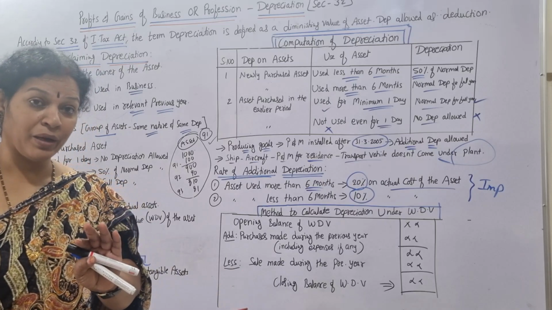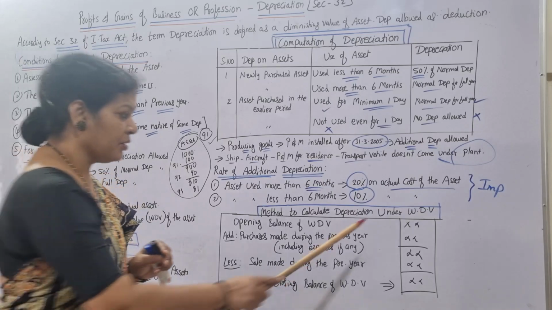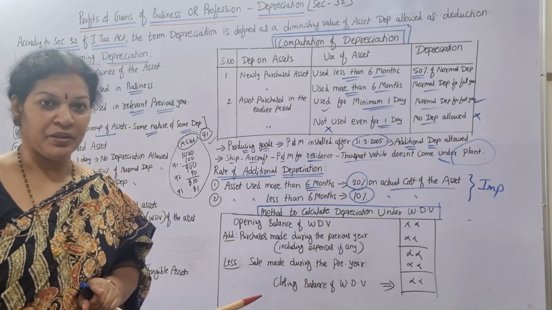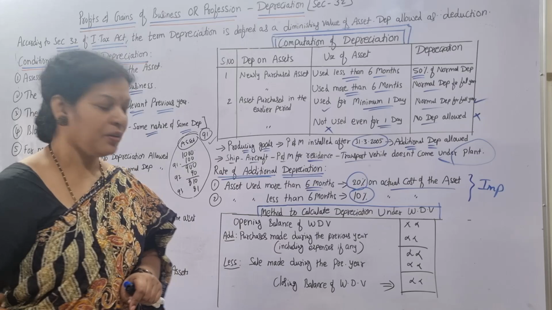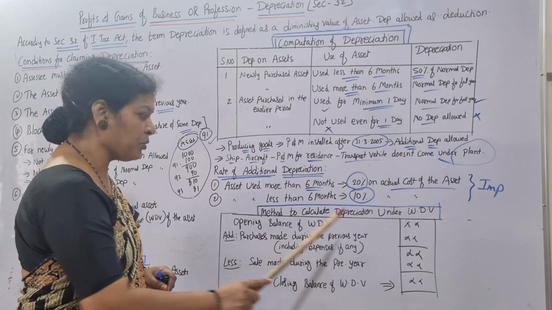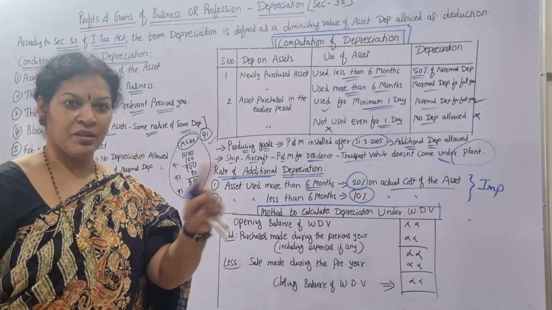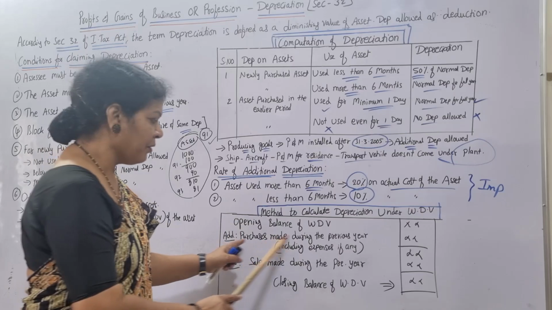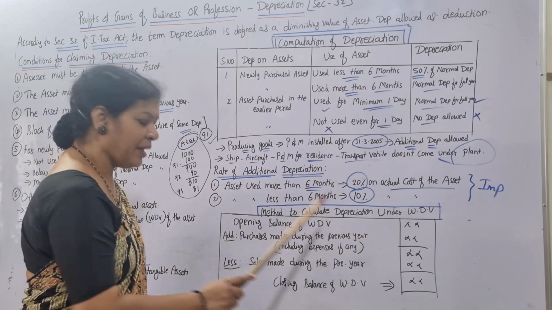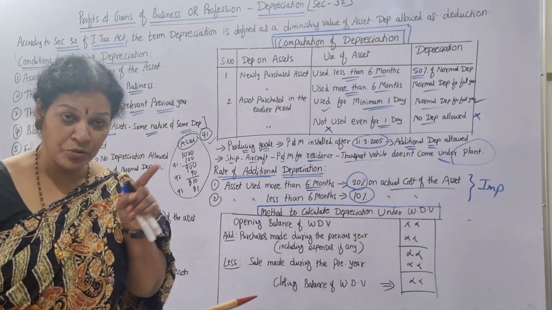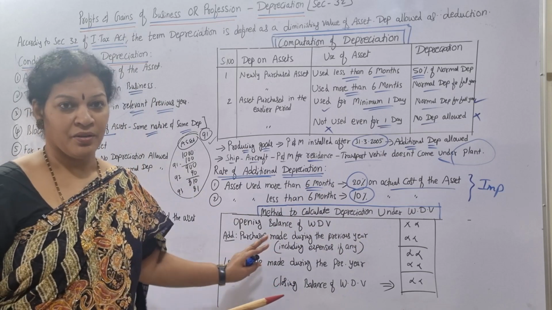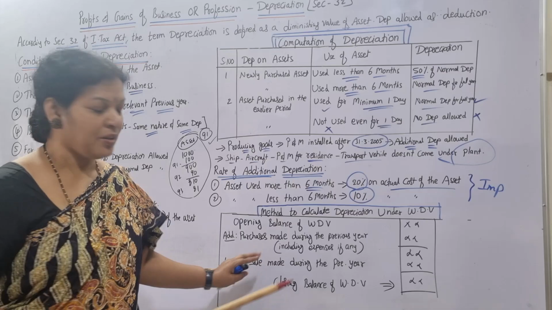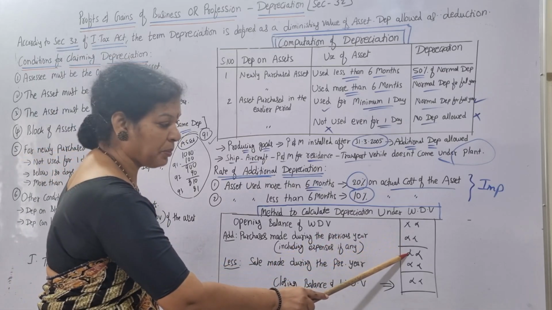We'll take the written down value of the opening balance, whatever is given in the problem. To that, we add purchases made during the previous financial year, along with the expenses related to the purchases. Okay, add and you'll get some amount.